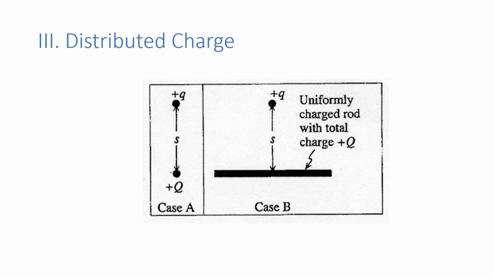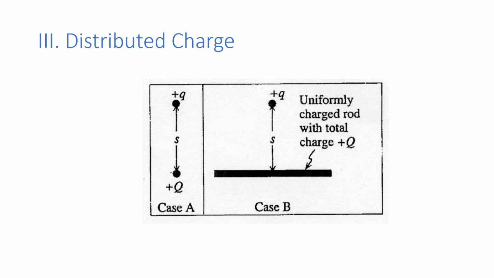So section 3 is about distributed charge. In case A, we have a positive charge, capital Q, and we also have a positive charge, small q. Just to have a comparison with case B, where the same amount of charge, capital Q, is distributed along a rod.